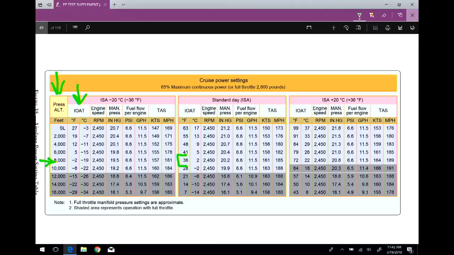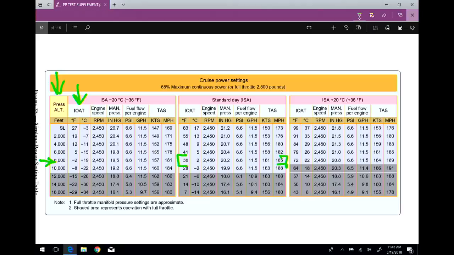If it's a standard day where our temperature on the ground at sea level is 15 degrees Celsius, this is where we're going to be. So we would assume that at 8,000 feet right there, and this is a pressure altitude by the way, we'd have somewhere around 2 degrees Celsius at 8,000 feet. This is what they're showing us here.